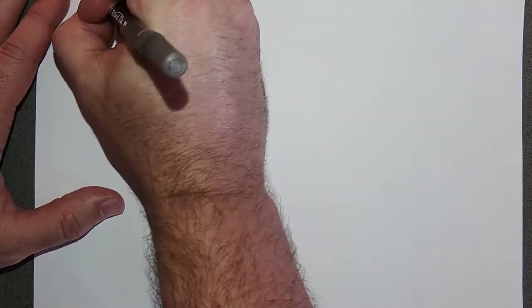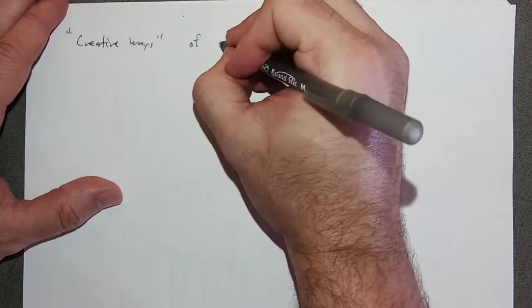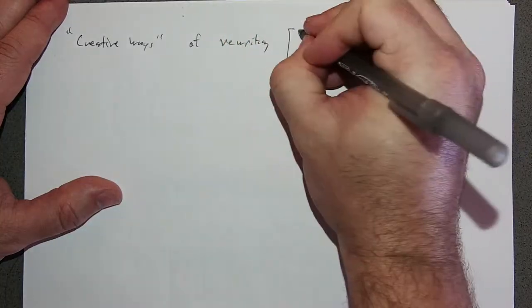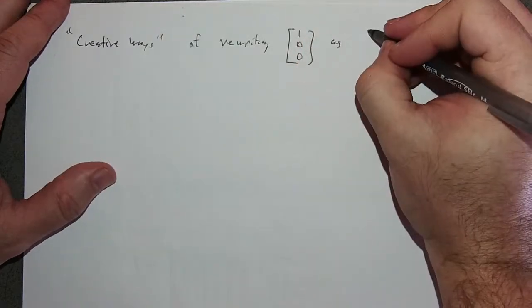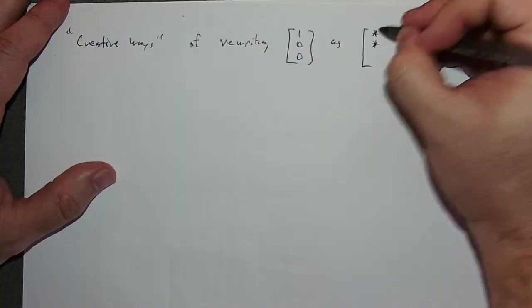Well, I have to think of creative ways of rewriting 1, 0, 0 as these, which are not necessarily the same.